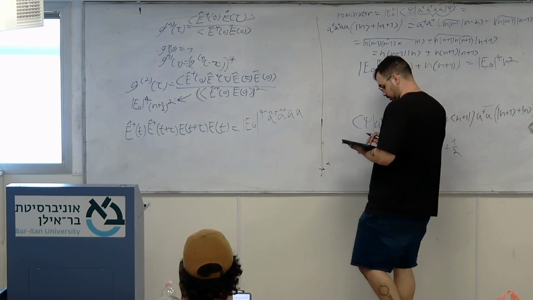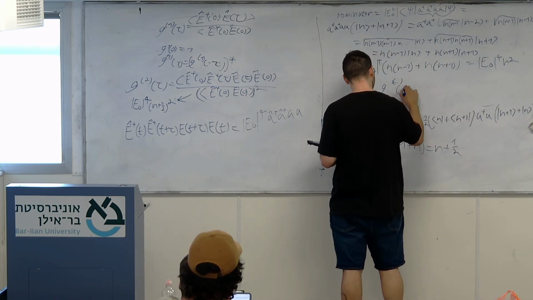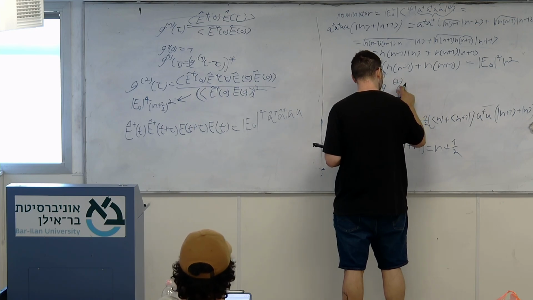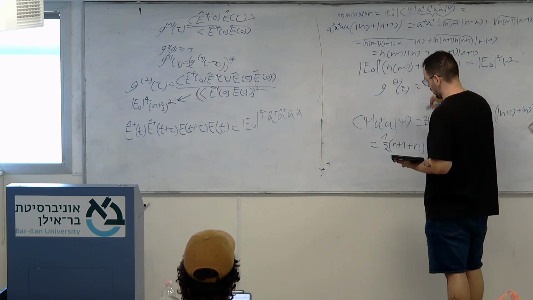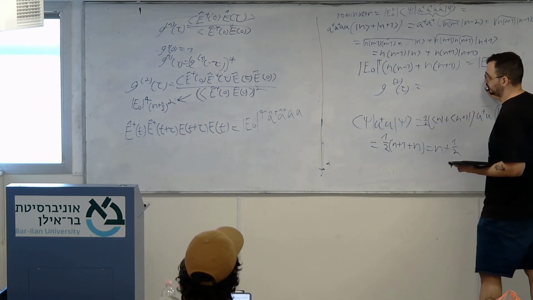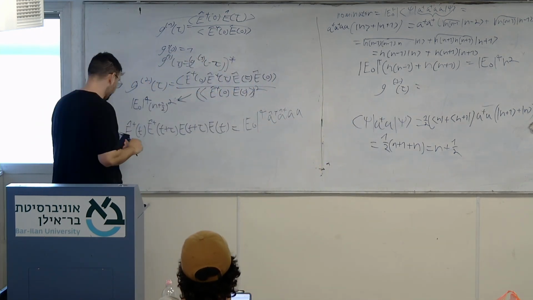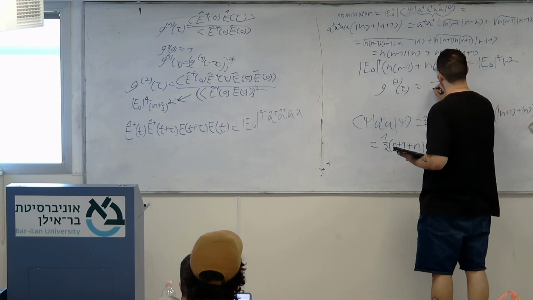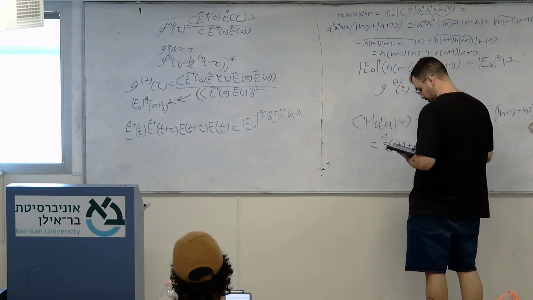So G2 of tau will equal, this n to the power 4 will cancel out this n to the power 4, we get n squared divided by n plus 1/2 squared.